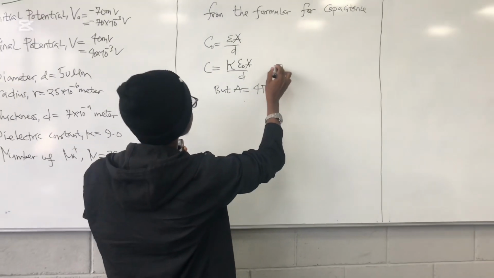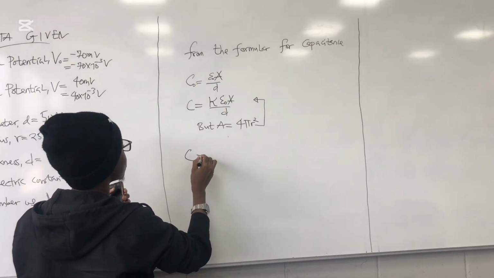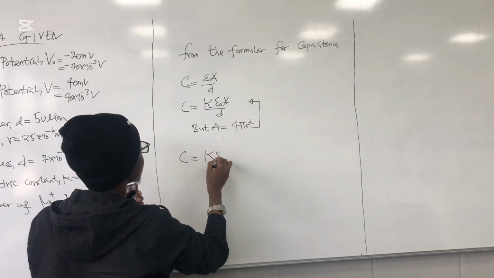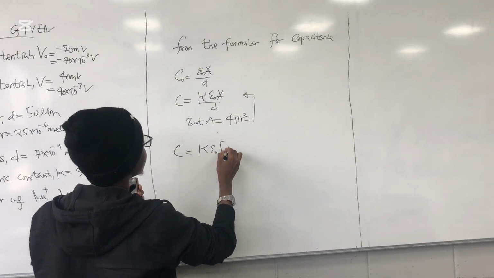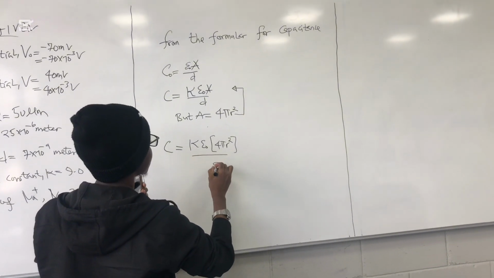So we can substitute this into the formula for capacitance. Capacitance C will be equal to K epsilon naught, and instead of area, you write 4 pi r square, divided by d.